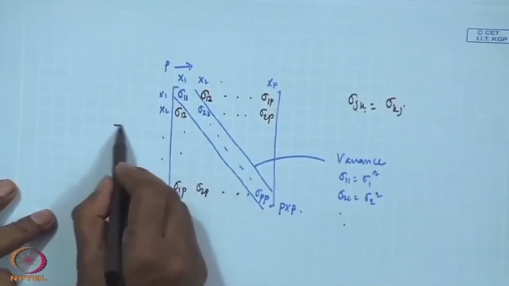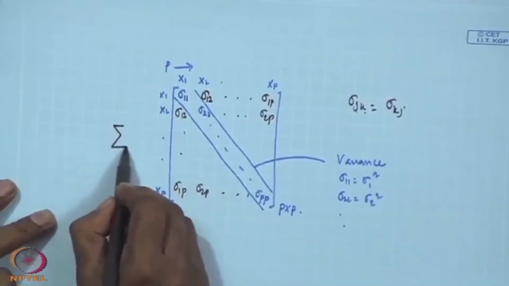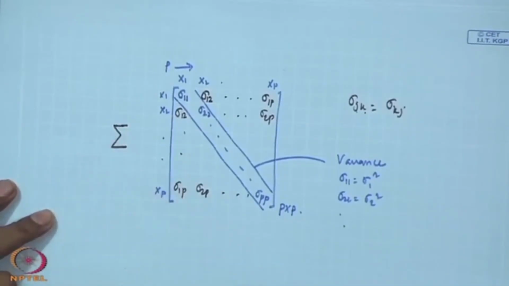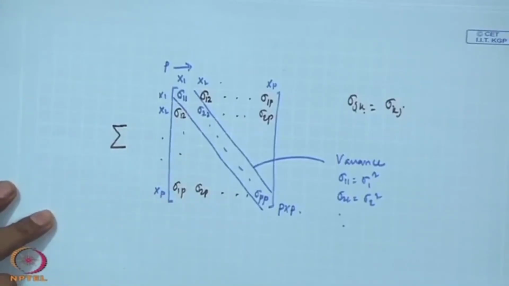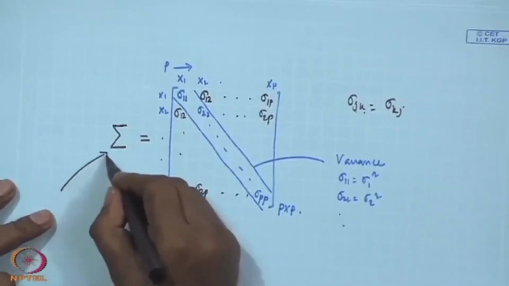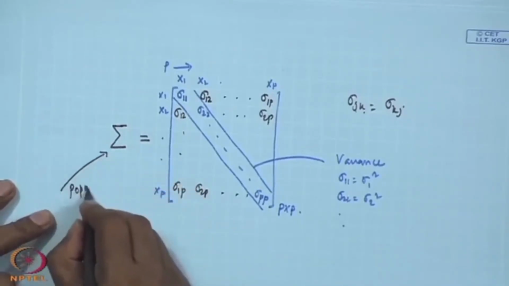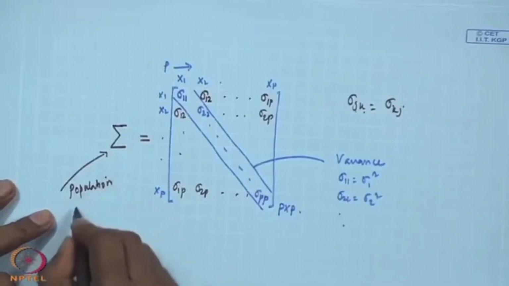This resultant matrix in our class we will denote by capital sigma. So, keep in mind that whenever we use capital sigma, this is your population covariance matrix.